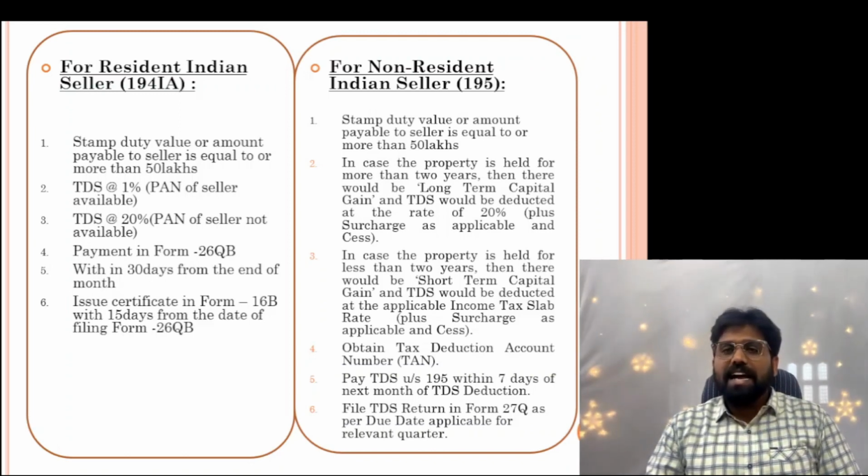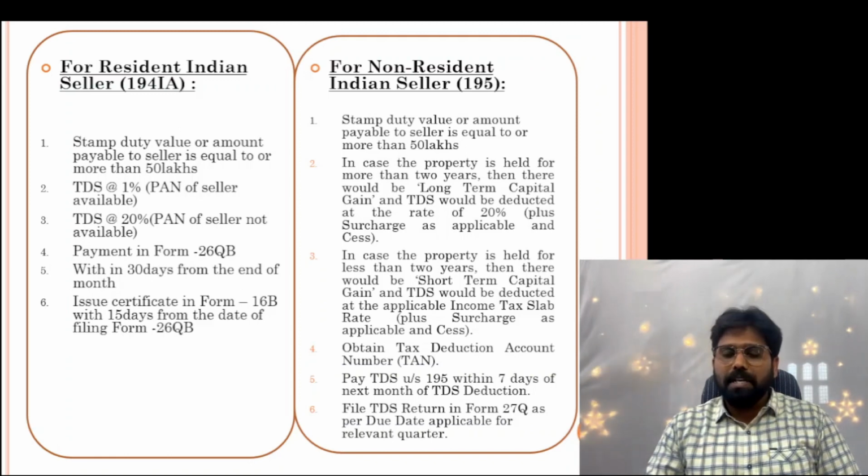If the seller has held the property for more than 2 years, then the property would become a long-term capital asset and TDS should be done at the rate of 20% plus applicable surcharge and education cess. If the seller has held the property for less than 2 years, then the property would become a short-term capital asset. In this case, TDS should be done as per the income tax slab rate applicable to the seller.